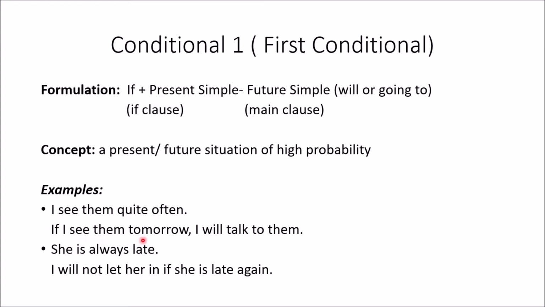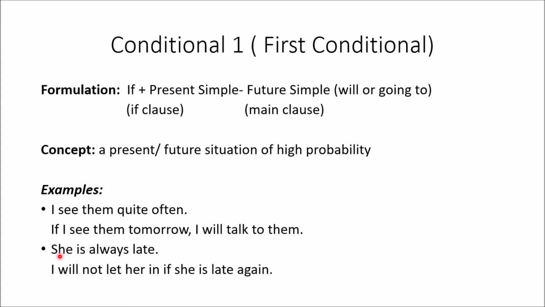Discussing about tomorrow, we have if I see them tomorrow. So everything depends on this condition. If I see them tomorrow, I will talk to them. So we have a main clause with a result based on a condition.